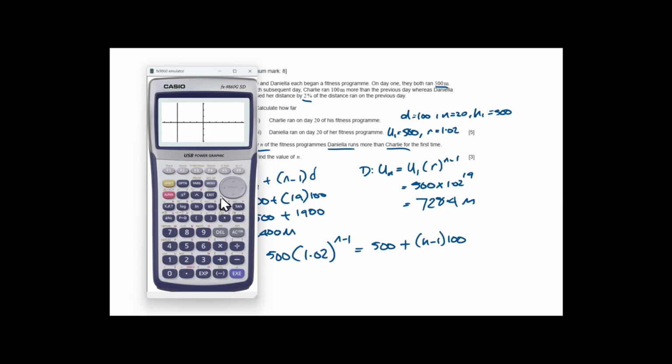Let's draw them both, and let's zoom auto so it's not some crazy number, and we want where they cross. So we're going to keep zooming out. Okay, because they're going to cross again later on.